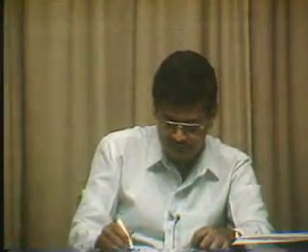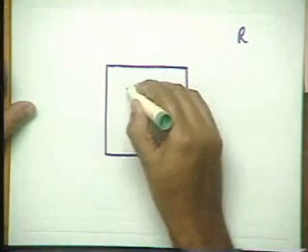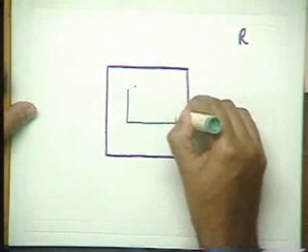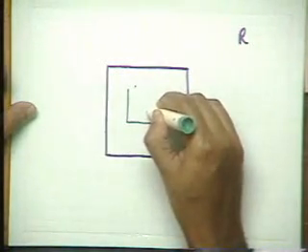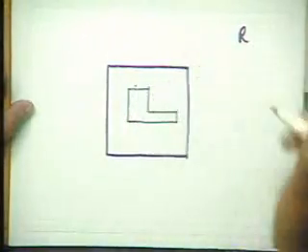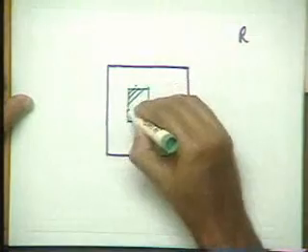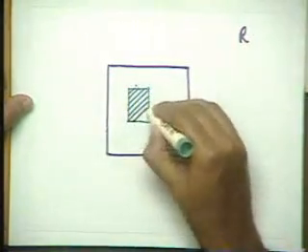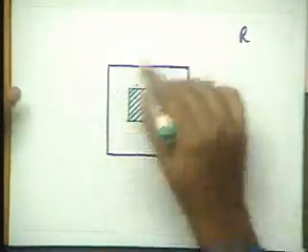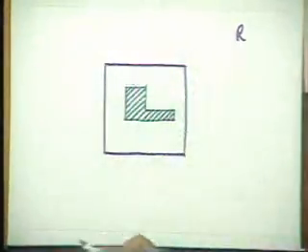Now let us have some object drawn within this. Supposing this is the object, and this is the entire image.